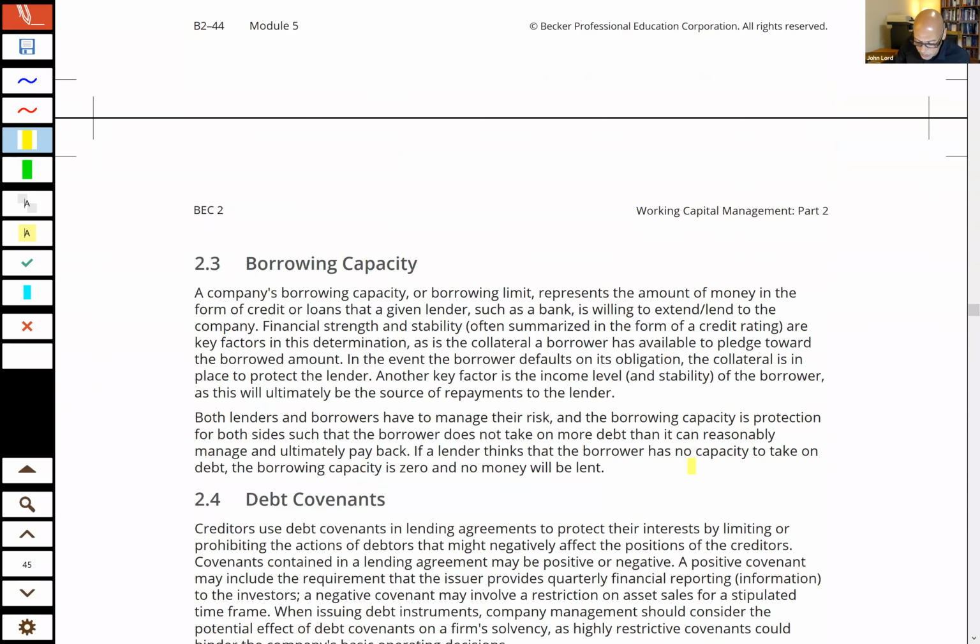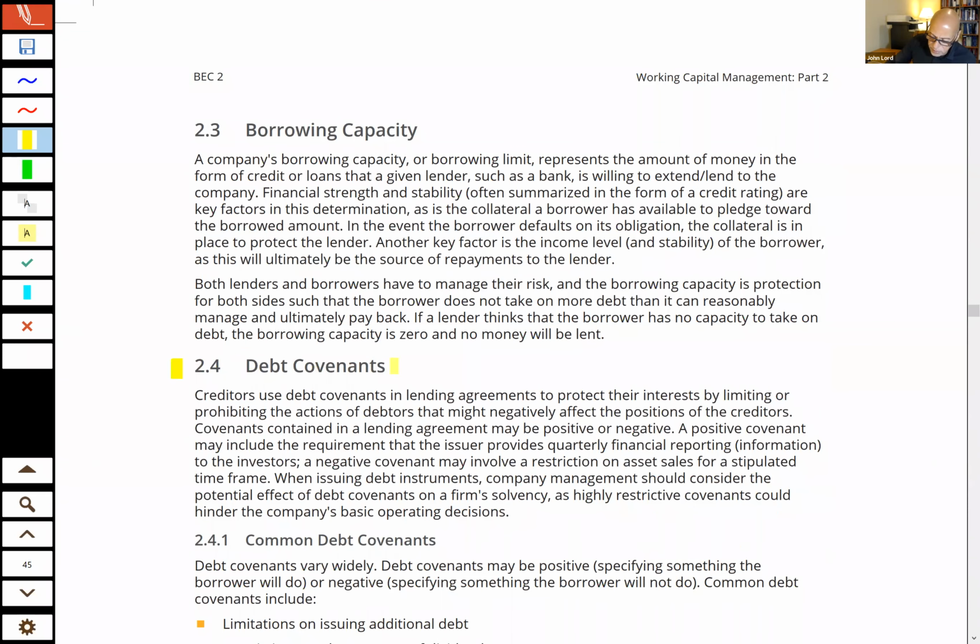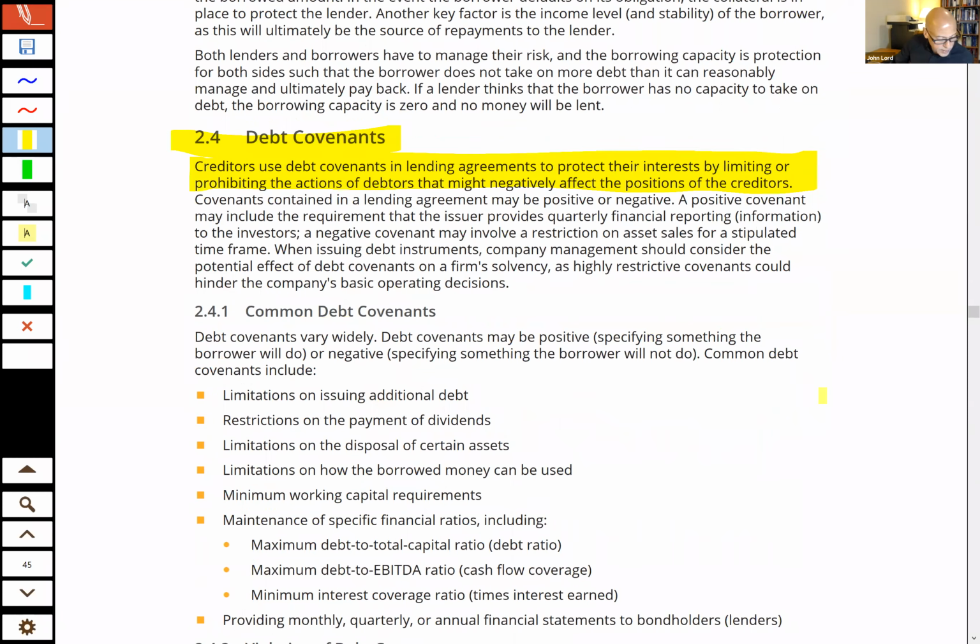We need to be careful with debt covenants. Debt covenants are something that creditors put on us to prohibit us from borrowing our way into bankruptcy. Common debt covenants are limitations on issuing additional debt, restrictions on payments of dividends, and limitation on the disposal of certain assets.